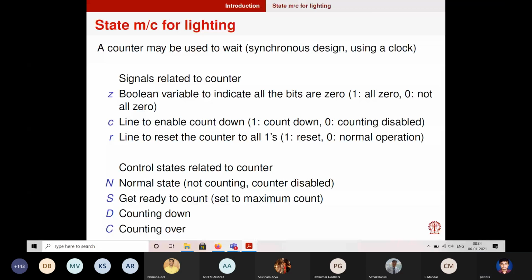Sir, how will the system know that there is lightning and it has to start the clock? We are assuming there is some sensor for that. The sensor doesn't know it's lightning or something. The moment there is a bright light, let's say bright light, it starts counting.